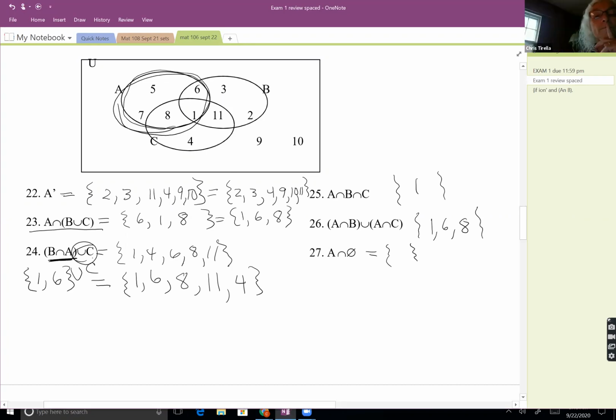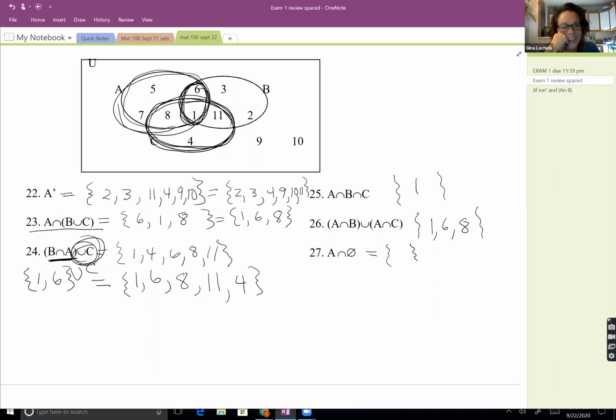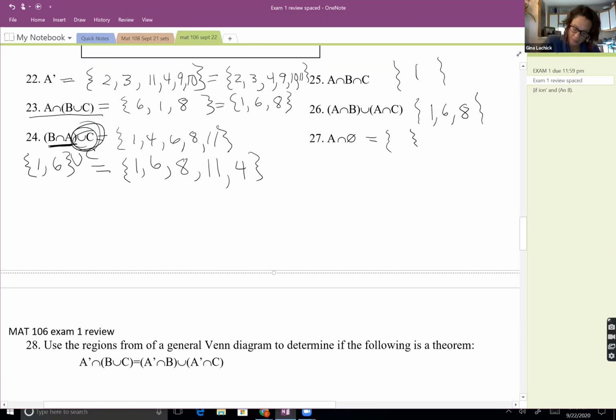First we do the intersection, which is the 1 and the 6. And then after we take the intersection, we're adding all of C. I gotcha. That makes sense now.